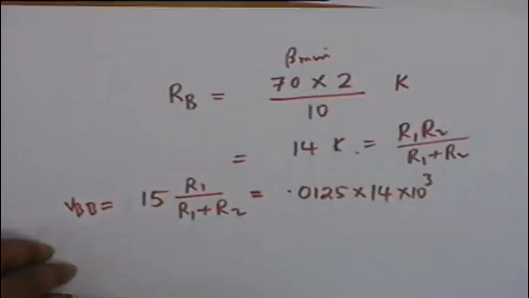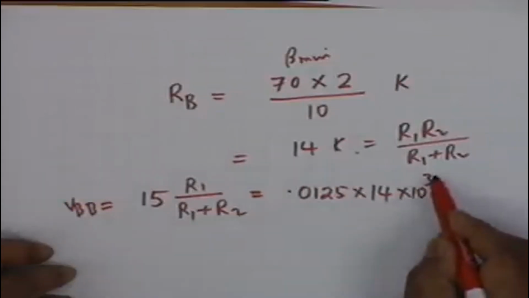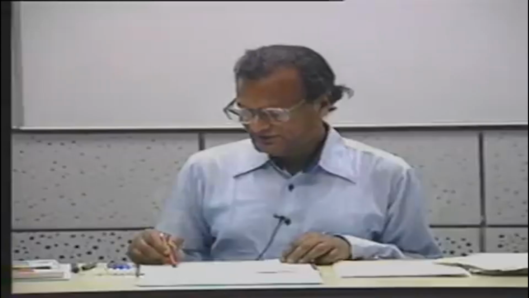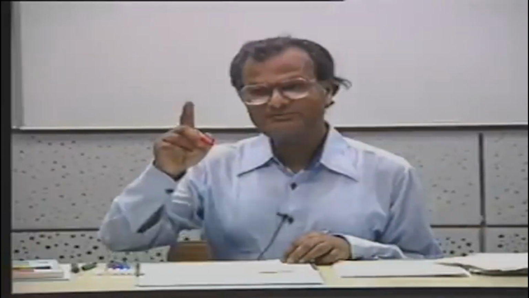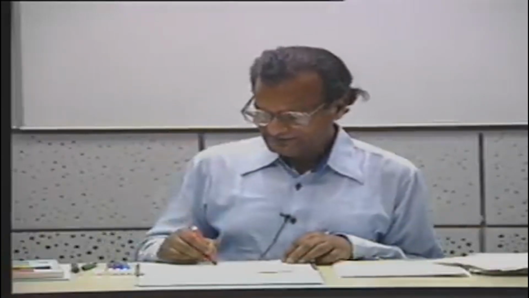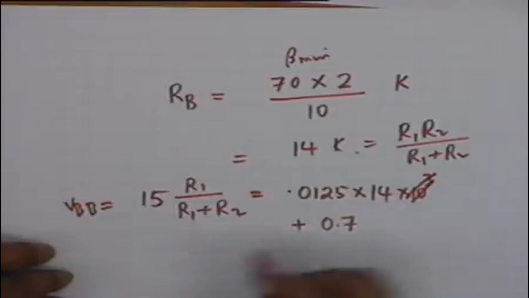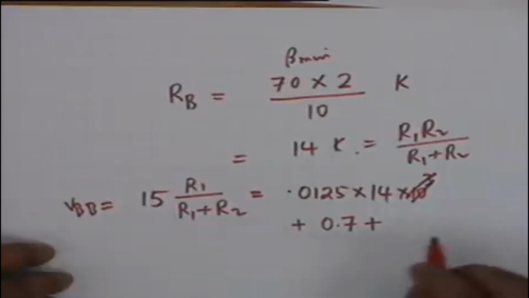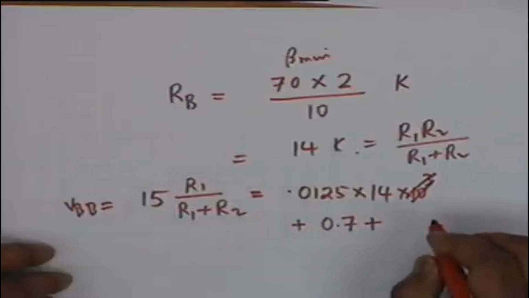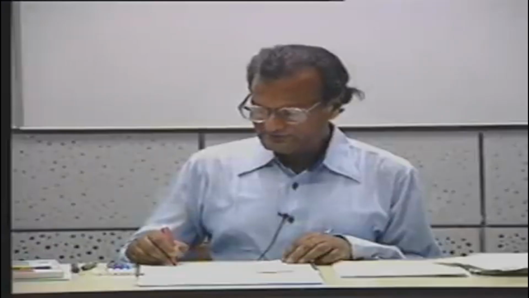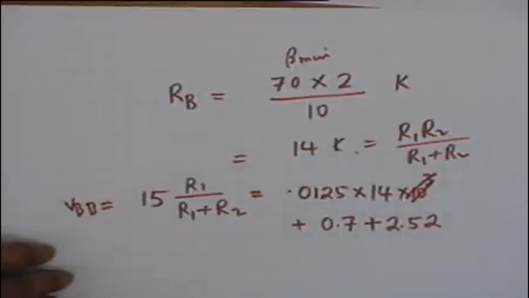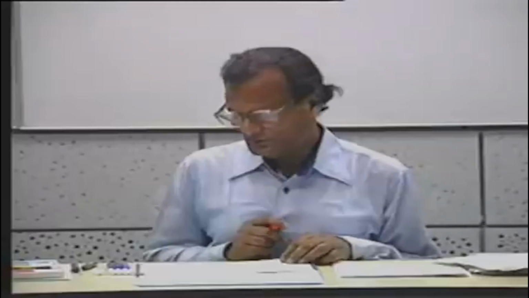No, I beg your pardon. Don't allow me to make a mistake. Will this 10 to the power 3 be there? No, because 0.0125 is in milliamperes. Plus VBE, you take that as 0.7, plus VE. What is VE? 2.52 volt. Volt.